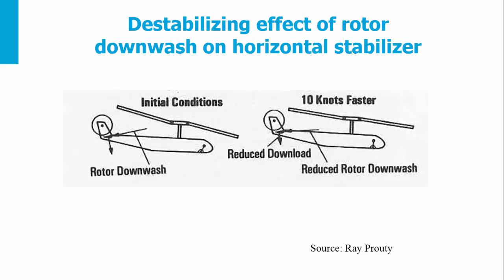In this way, the angle of attack at the stabilizer will increase. This creates a higher stabilizer lift, which has a destabilizing nose-up effect on the helicopter. This destabilizing effect can even be bigger than the stabilizing effect coming from the rotor, which always damps the motion.